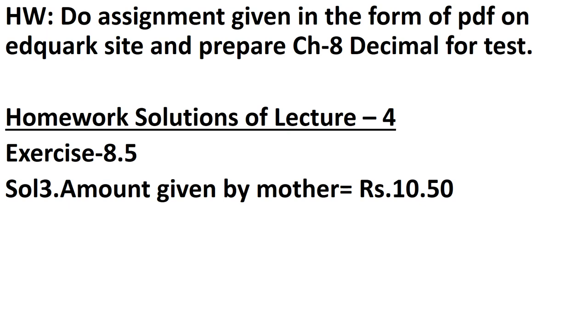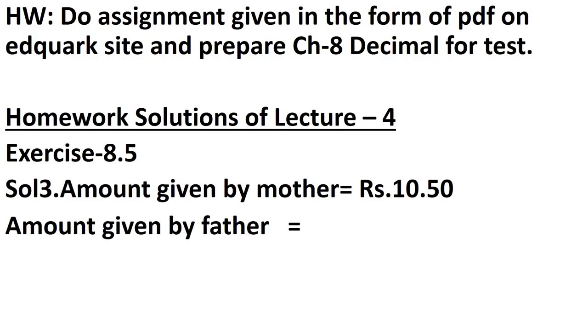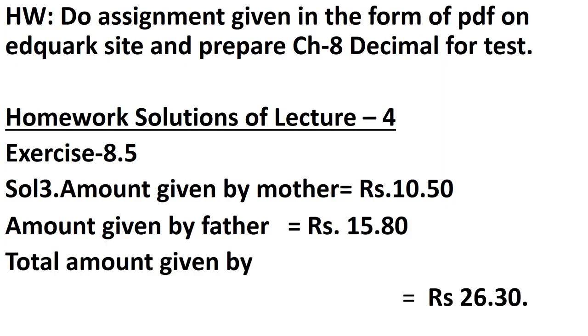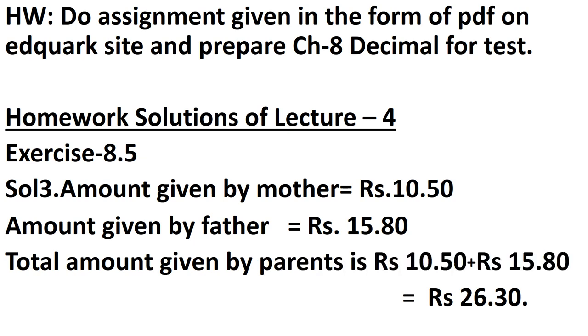Amount given by the mother, rupees 10.50. Amount given by the father, rupees 15.80. Total amount given by the parents, we will add both because total is asked. Rupees 10.50 plus rupees 15.80, which is equal to rupees 26.30.